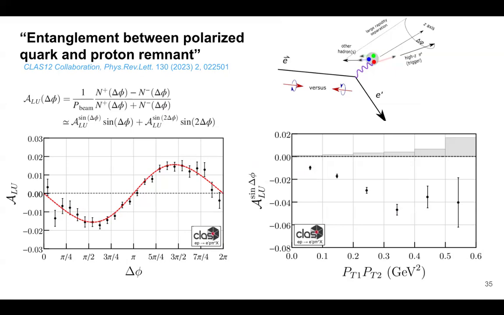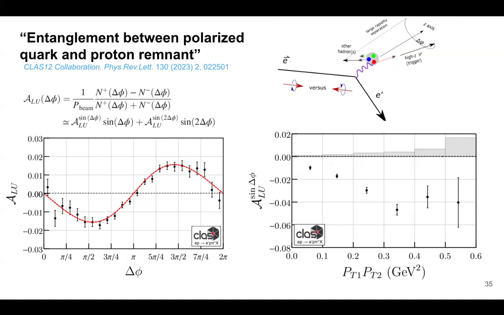They found, perhaps to their surprise, as I know because they're my collaborators, but perhaps it's not entirely surprising, an entanglement between the polarized quark and the proton remnant. So why do they say that?